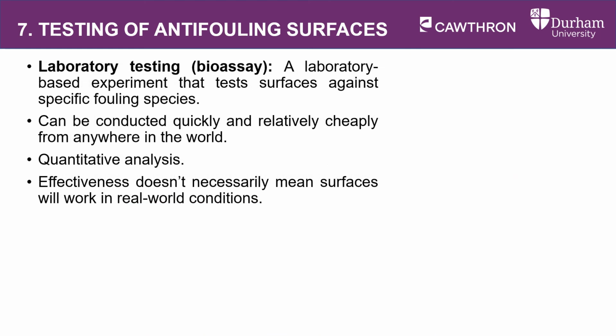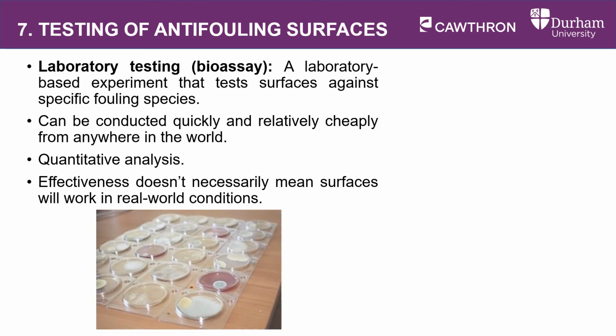Anti-fouling surfaces are also tested in laboratory-based experiments. These experiments are conducted in a controlled environment and are completed quicker than the field tests. They are therefore useful for quickly comparing the anti-fouling capabilities of two or more surfaces.